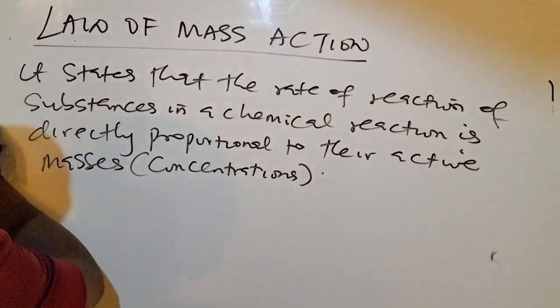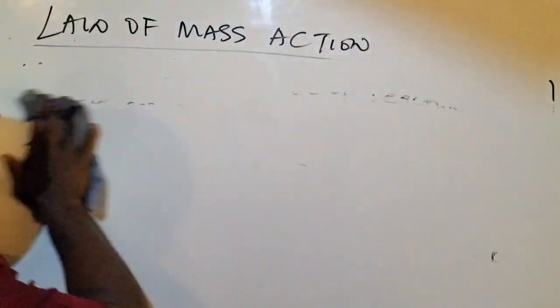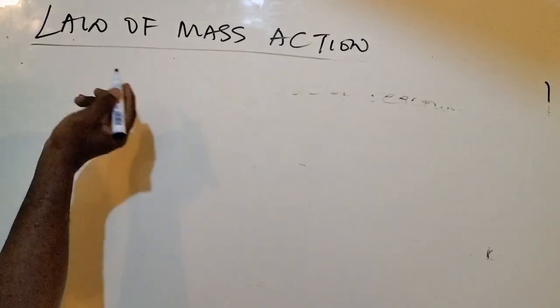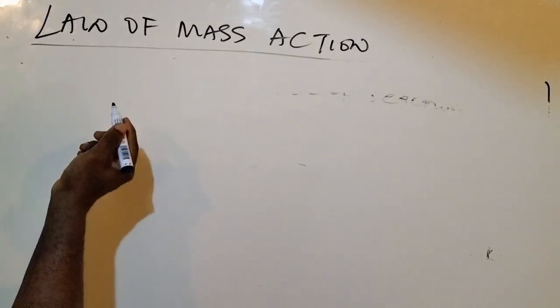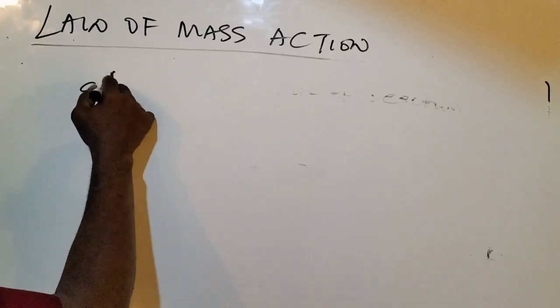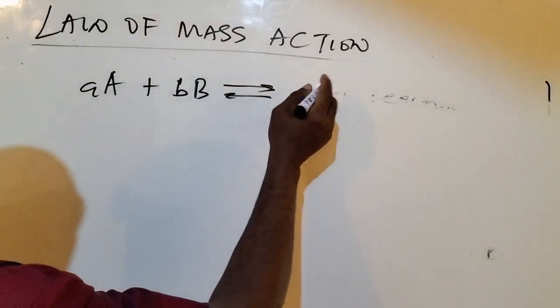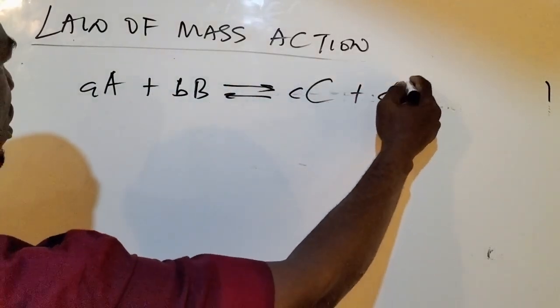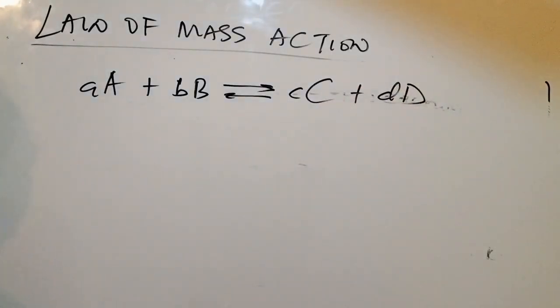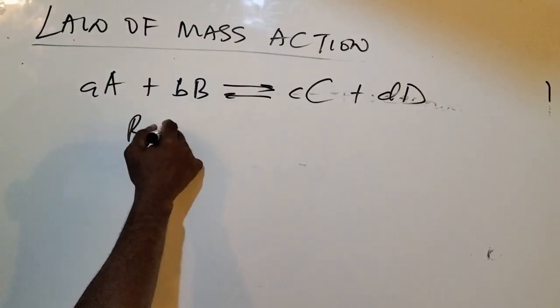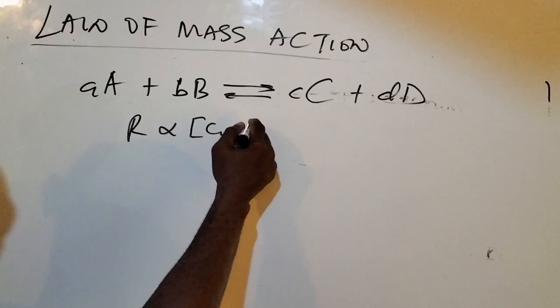So let's explain this with an example. For instance, let's say I have a hypothetical equation, A plus B giving us C plus D. Now, if you want to write from this law, rate is proportional to concentration.